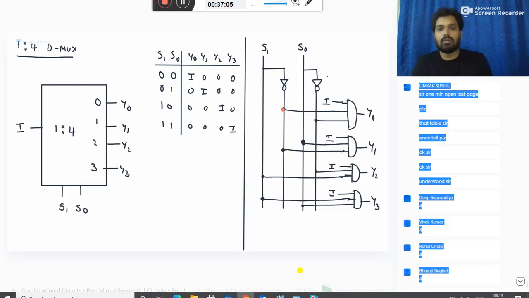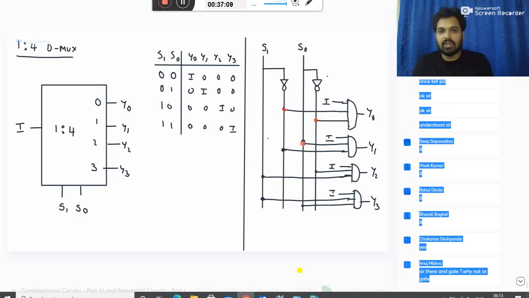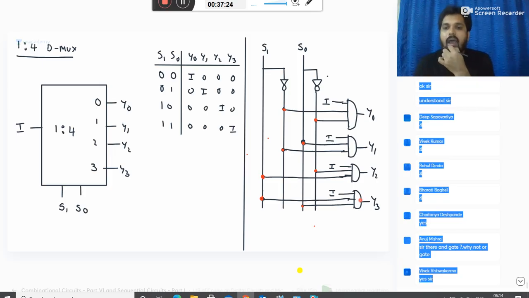If you want, I can make it. So is the internal structure of your mux, demux clear? Why not OR gate? OR gate is having a problem.